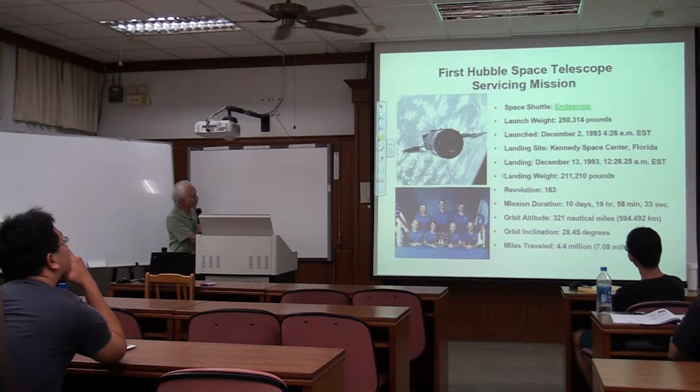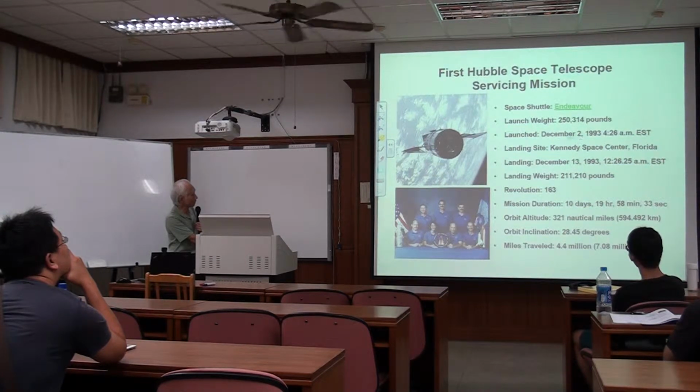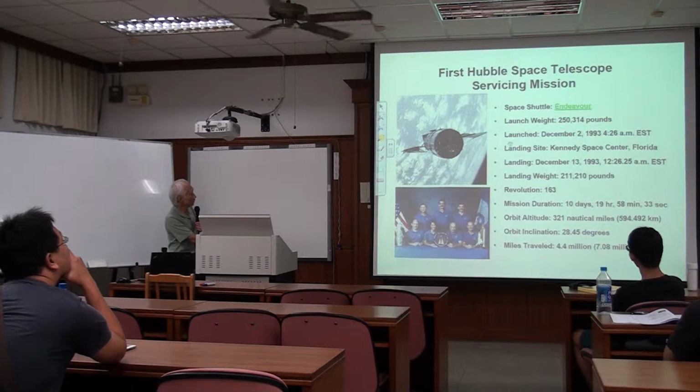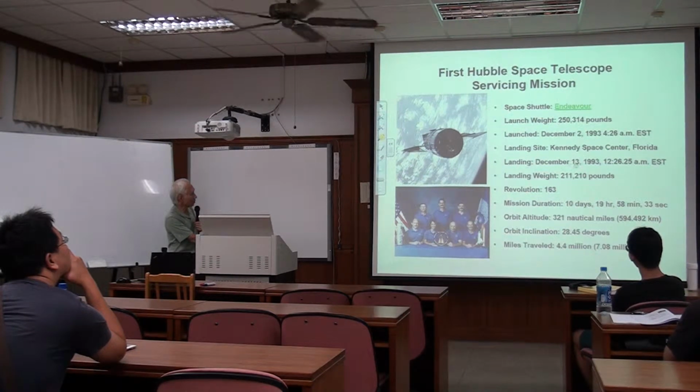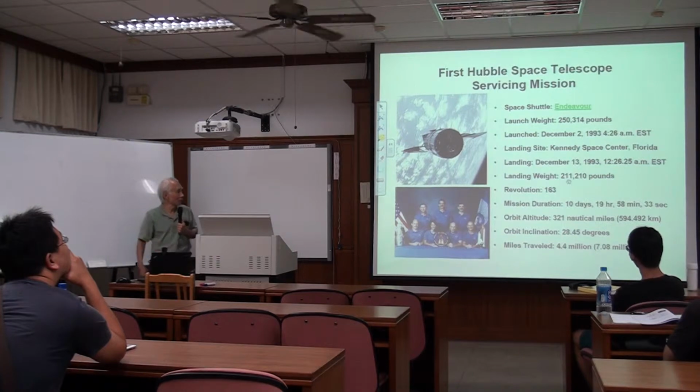And then, let's see, this is the shuttle landing. It's December 13th. December 2nd, they launched the shuttle, and then they deployed the Hubble spacecraft, and then the shuttle came back. This landing weight is 2 plus pounds.